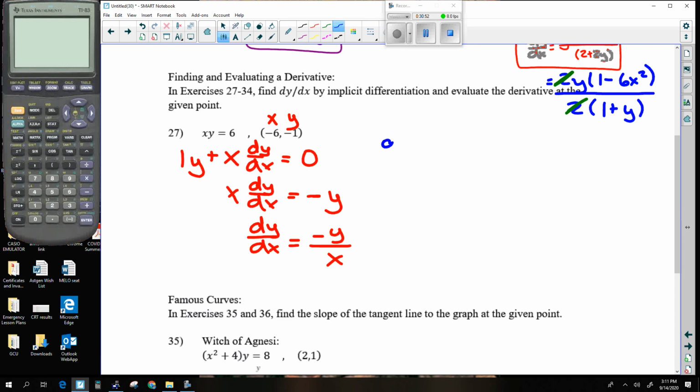You may have seen me write this big vertical line. That means I'm evaluating the derivative at, and then I write in a little subscript what I'm doing to the problem. So I'm making my x's negative 6, and I'm making my y's negative 1. So this is going to be 1 over negative 6, aka negative 1/6.